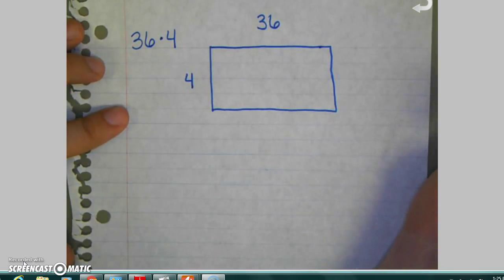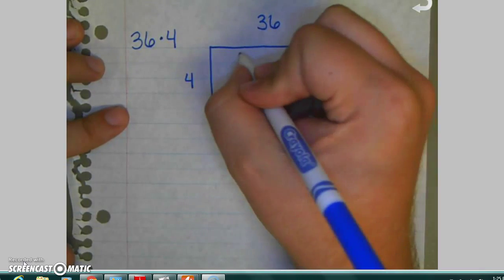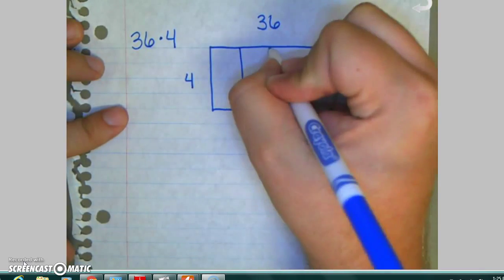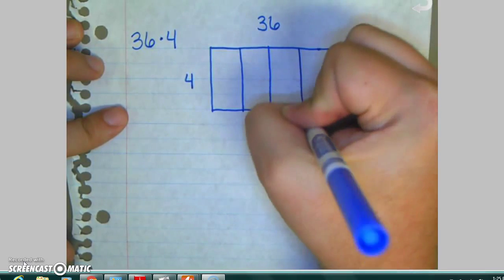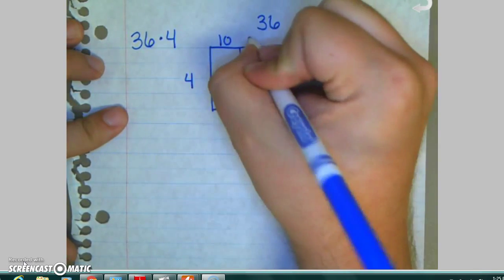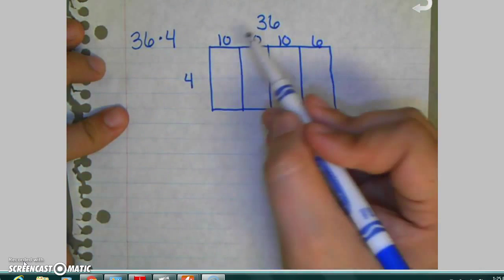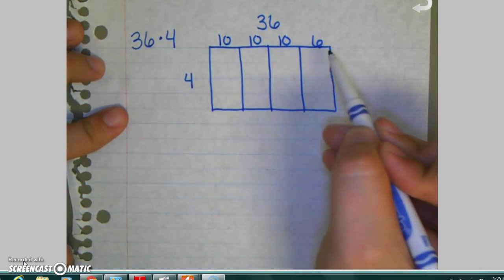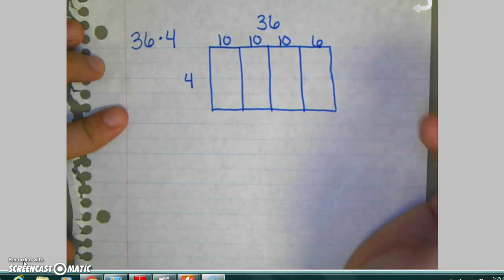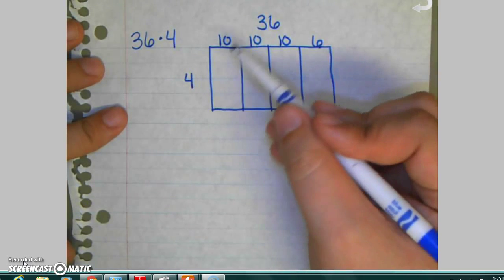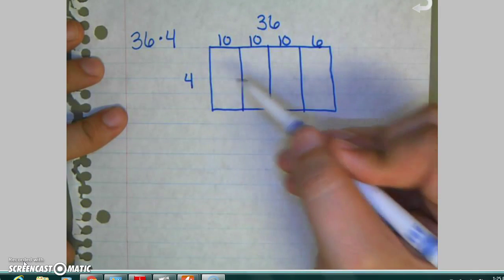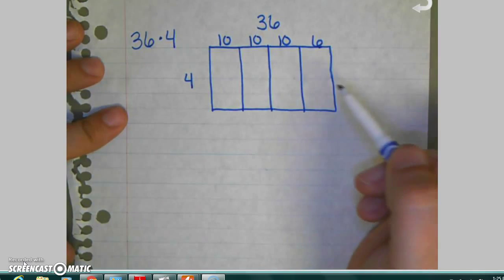Each one has its pluses and its minuses. So 36, I could cut into 10, 10, 10, and 6. 10 plus 10 plus 10 plus 6 equals 36. And then I can simply multiply the area of each smaller rectangle.